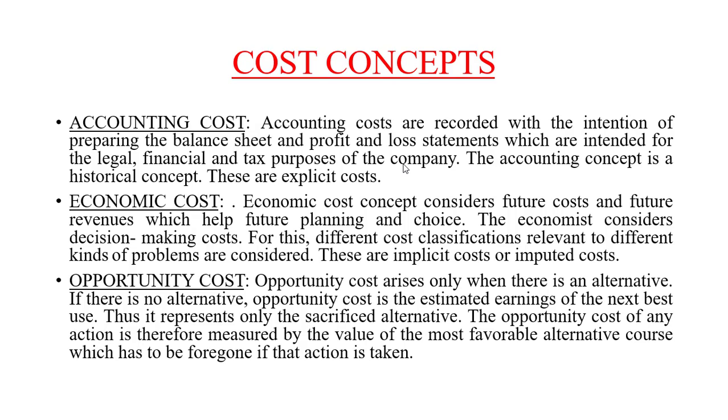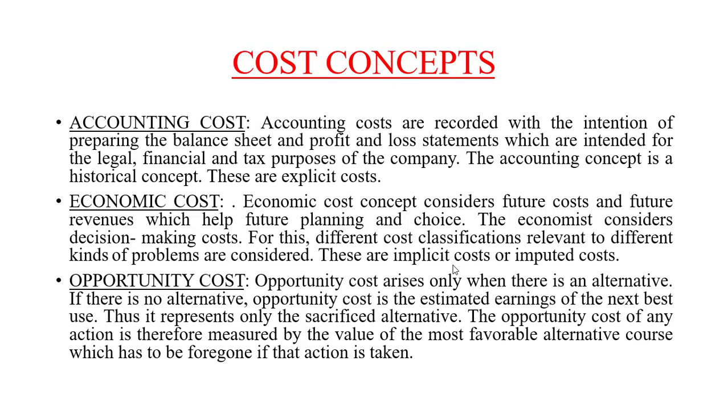So economic cost is also known as implicit cost or imputed cost. Why is it implicit cost and imputed cost? Because the economist does not distinguish between the owners of the business and the business separately. They take it as the same.